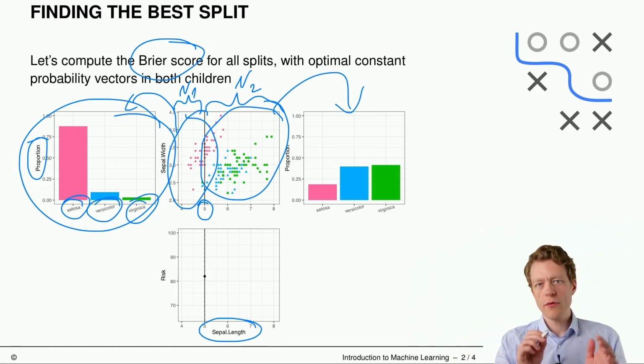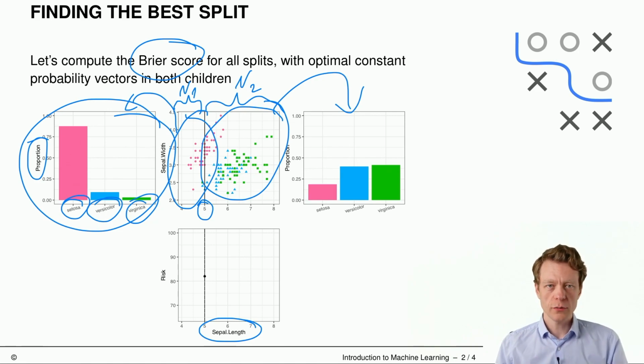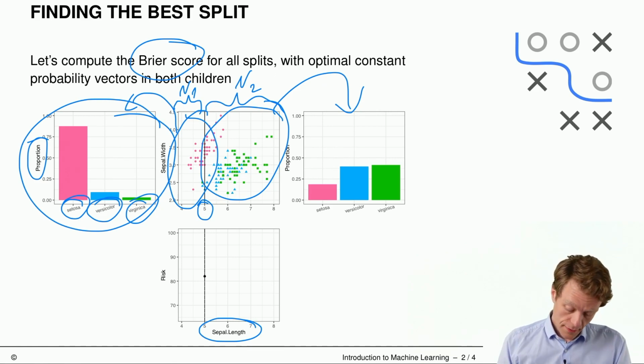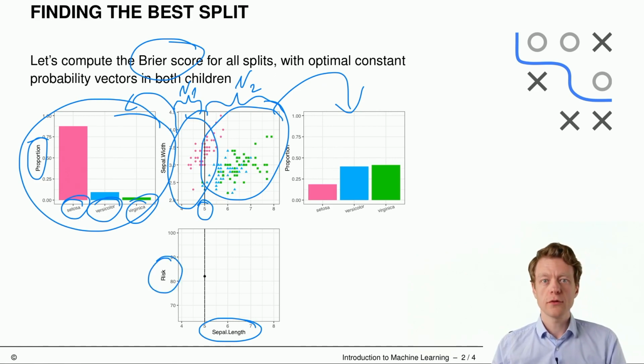Okay, so for both sides of the split we just compute relative frequencies of the different classes, and that's basically it. Then for the risk, of course, as before, we have to sum up the losses with respect to those constant predictions in both nodes.